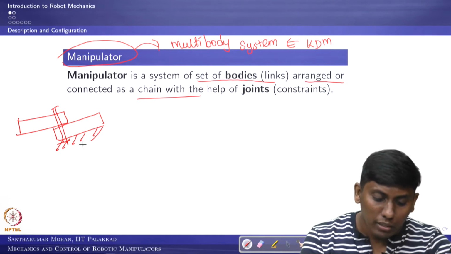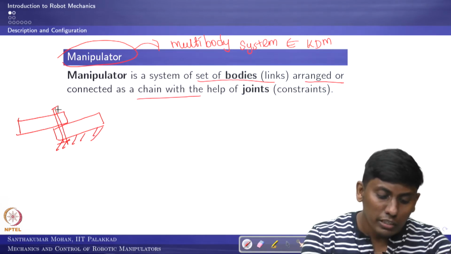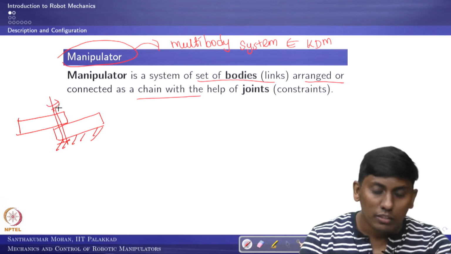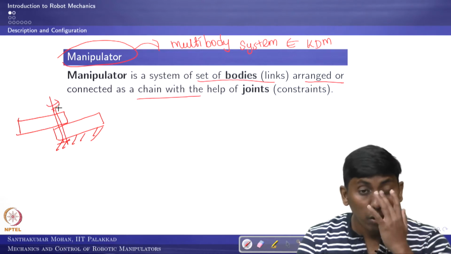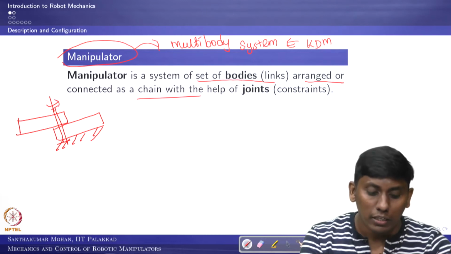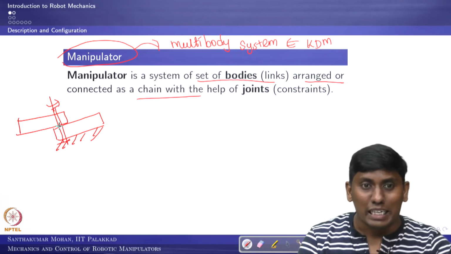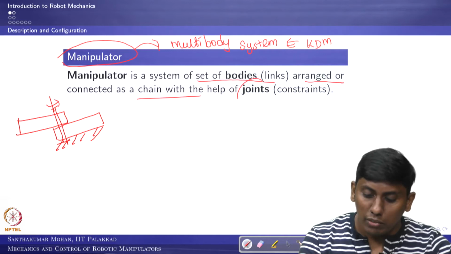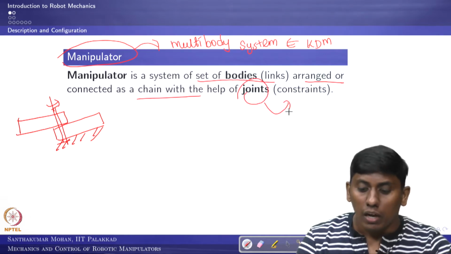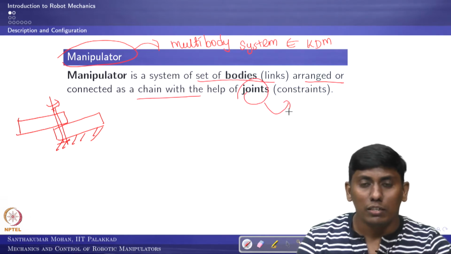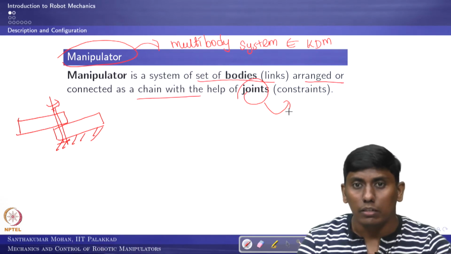Now this body rotates with respect to this pin. So you have constrained these two bodies with this connection. That's why we simply call the joints constraints, and generally the bodies in a manipulator we call links.